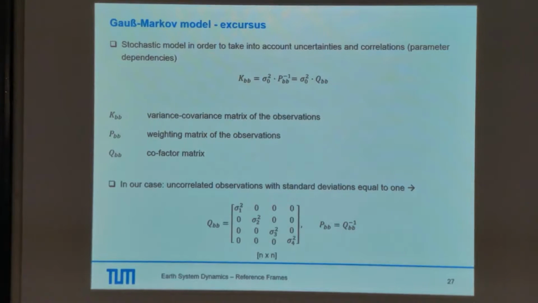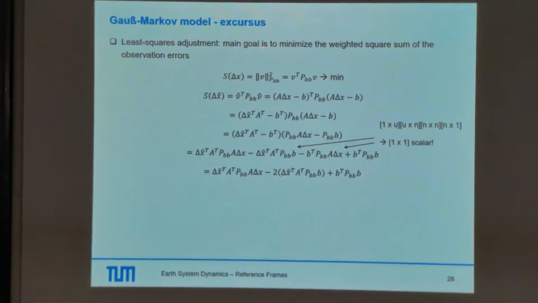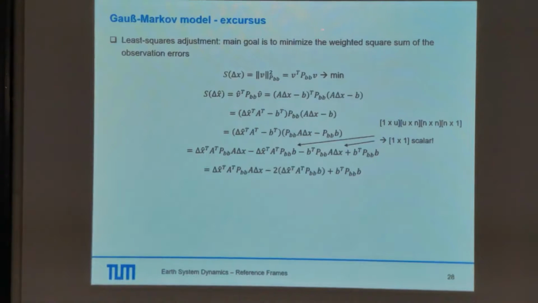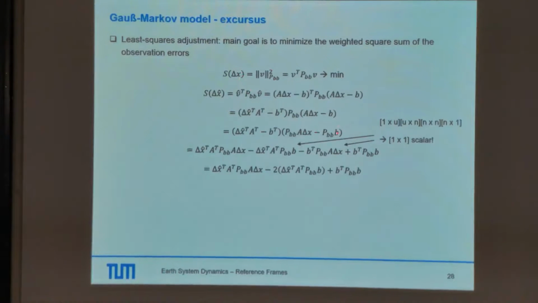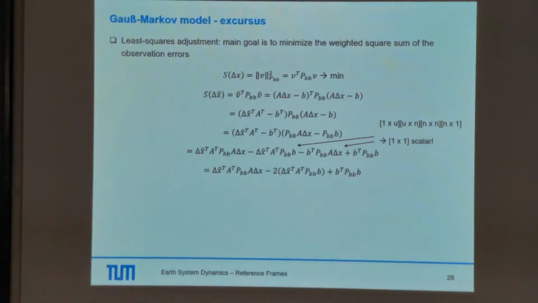Not so important, but now it's getting straightforward, because the least squares adjustment means that the main goal of this adjustment algorithm is that we minimize the weighted square sum of the observation errors. The observation errors are the v vector. So what we want to minimize is the square sum here. This v transpose P v should be a minimum.